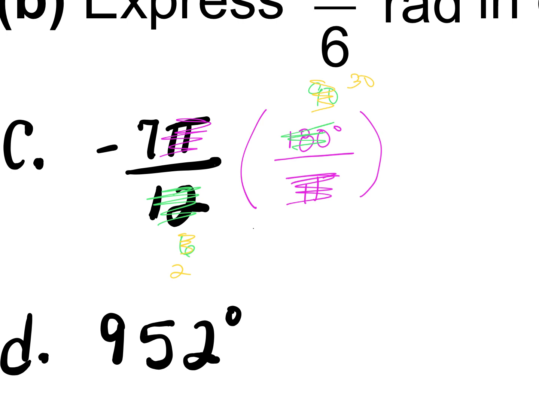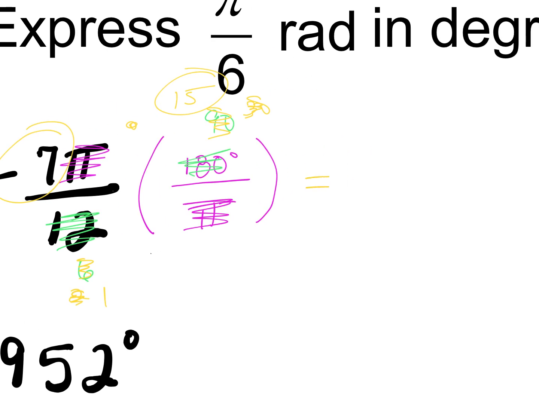Anything else? 2. 2 goes into 2 once, and 2 goes into 30, 15. So what do I have left? Negative 7 times 15. What is 7 times 15? So it's negative 105 degrees. That negative sign stays with it, and now you're in degrees.